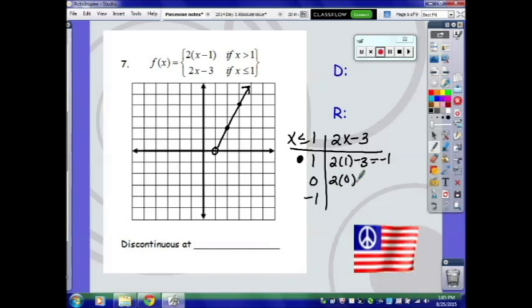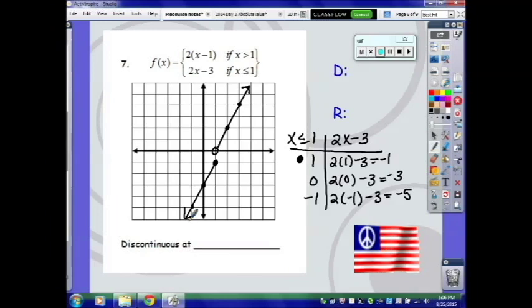Plug in 0. We're going to get negative 3. And plug in negative 1. You're going to get negative 5. All right, let's graph those. So 1, negative 1 we're closed, at 0, negative 3, and at negative 1, negative 5. There. So there's the second piece to our function.